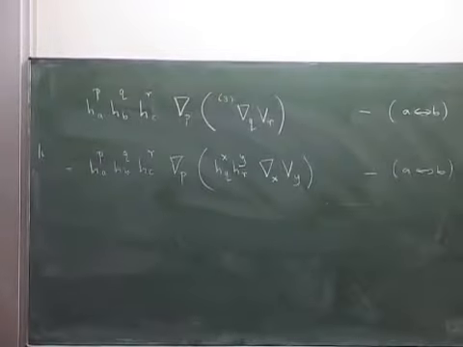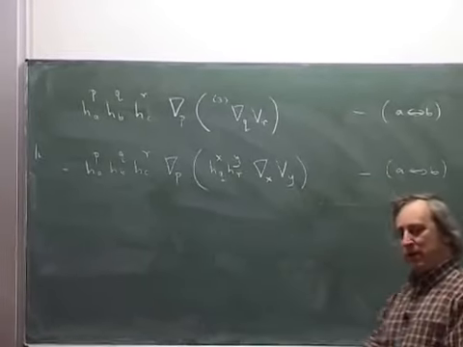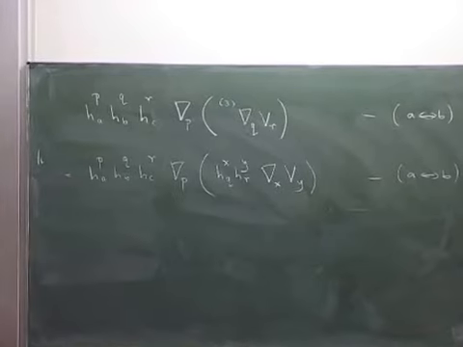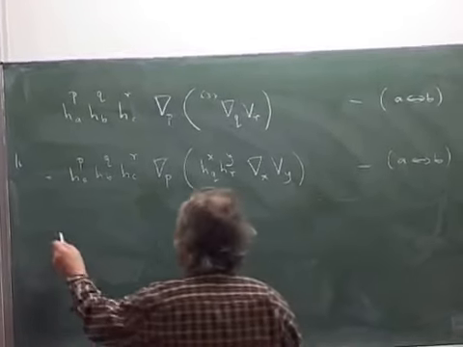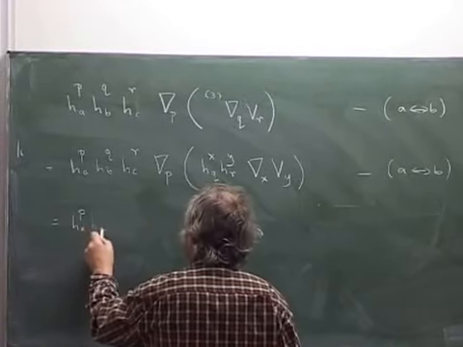Now about the only thing you can do is to substitute in your form for H in terms of the metric and the unit normal vector. So if you do this, you'll get a long looking mess.